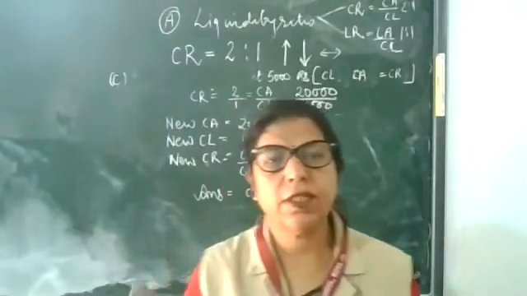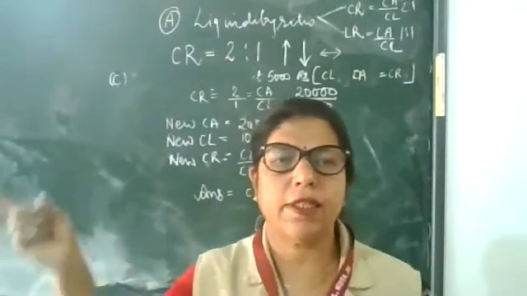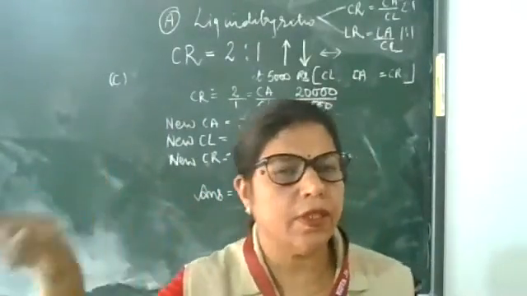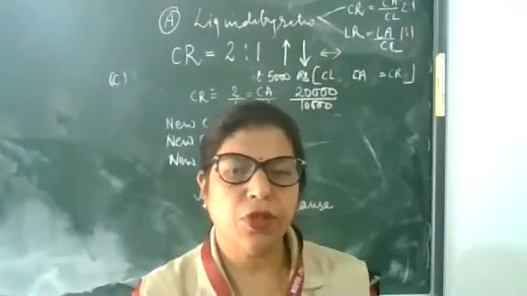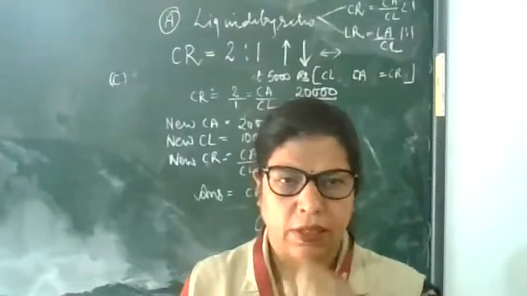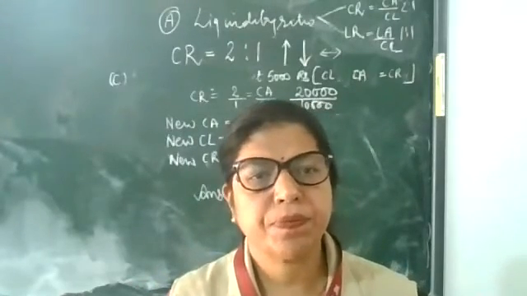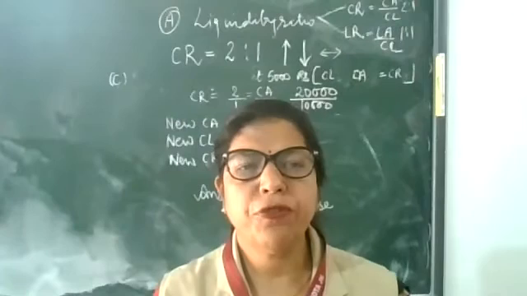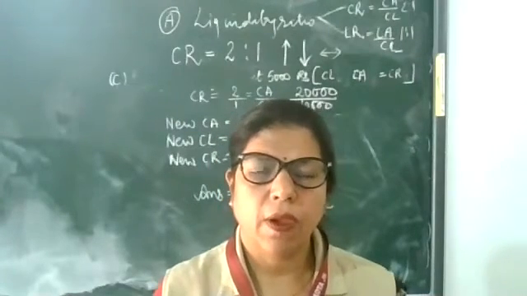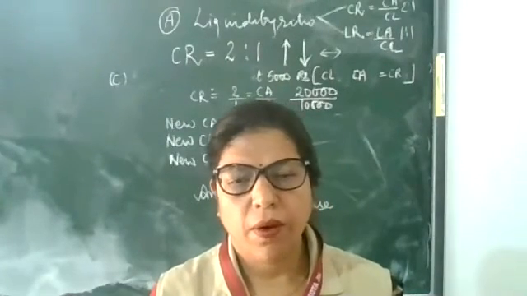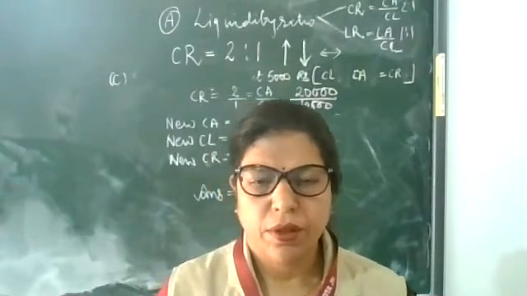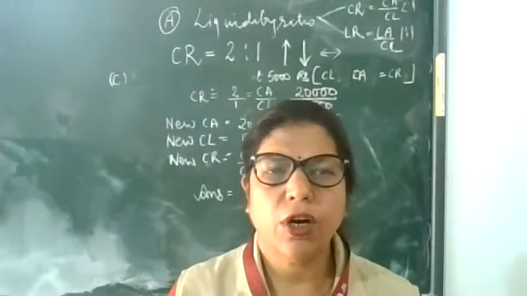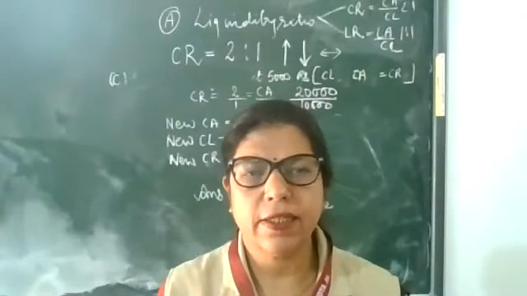The first is when current ratio decreases, second when current ratio increases, and third is when current ratio is not changed. Like, I am giving you the example: purchase of fixed asset.